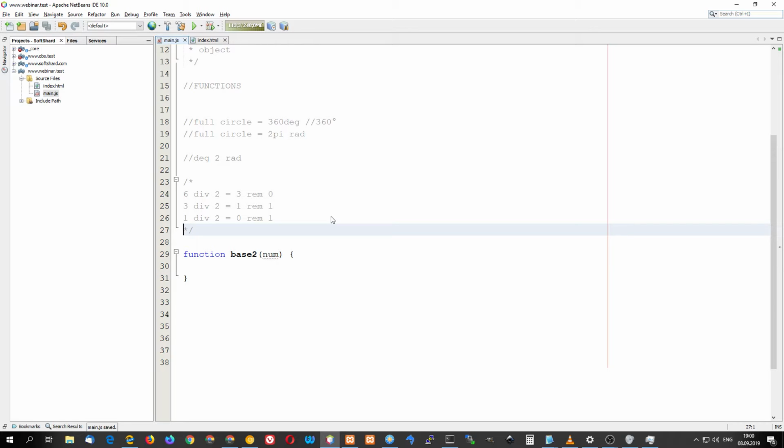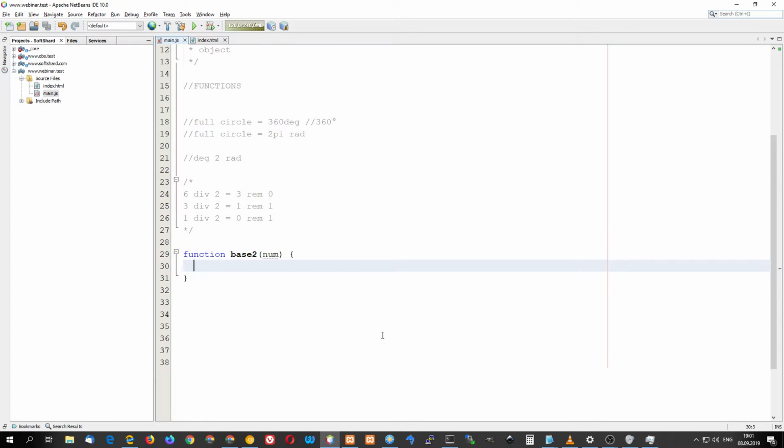Well, 0 divided by 2 is 0, remainder is 0. We end the division when we reach 0, and we end up with only one remainder, which is 0. Which means for every number we have to do the division at least once, and we do it until we reach 0.